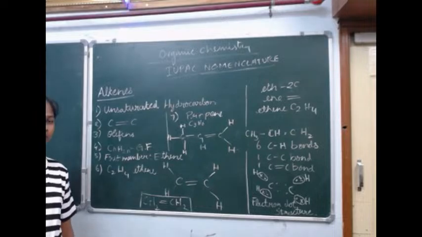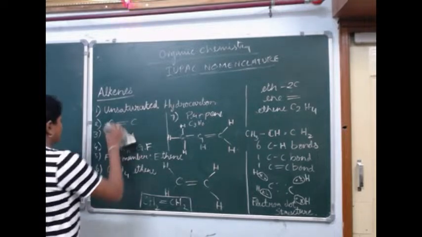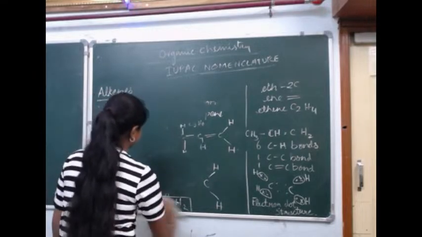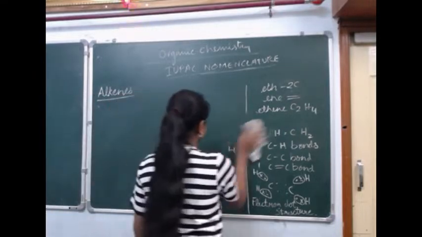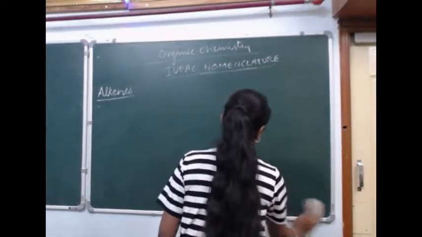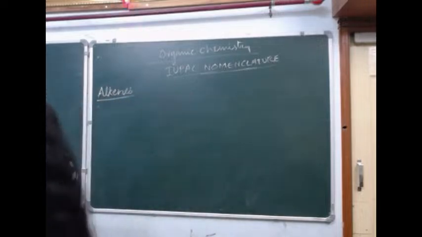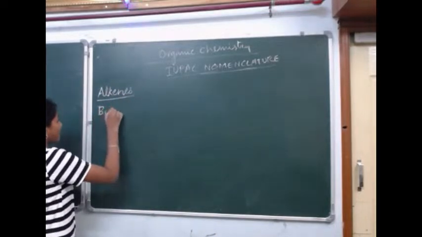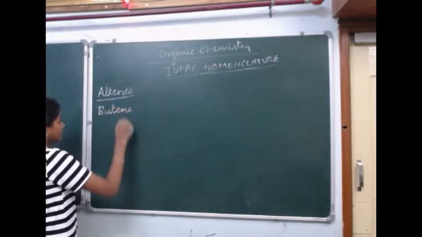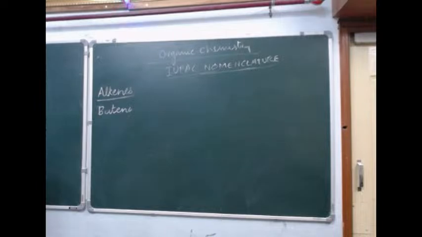Can you write down butene? 1-butene. Try. But means what? 4 carbon atoms. So write down 4 carbon atoms. Draw 4 carbon atoms.